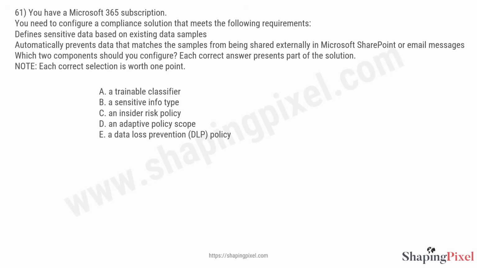Each correct answer represents part of the solution. Each correct selection is worth 1 point. Option A, a trainable classifier. Option B, a sensitive info type. Option C, an insider risk policy. Option D, an adaptive policy scope. Option E, a data loss prevention DLP policy. So the right answer here is option A and option E.